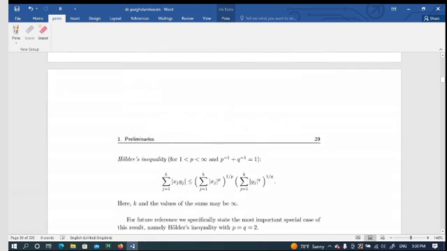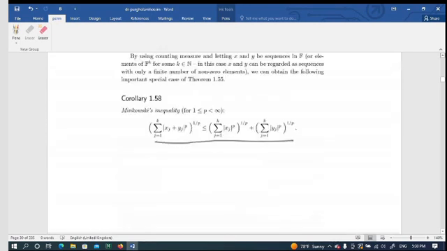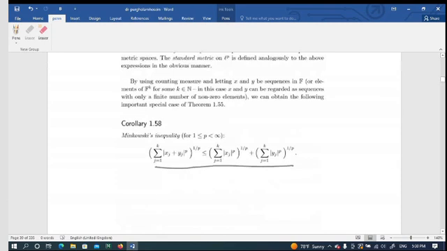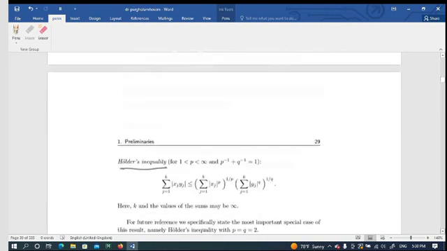This is an important inequality called the Minkowski inequality. Another important inequality is Holder's inequality.